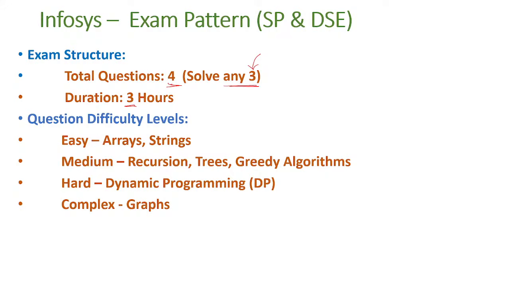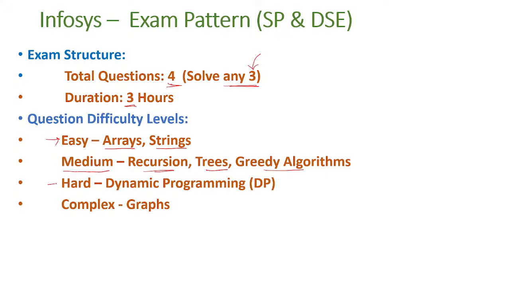Now, the difficulty levels you will get for each of these 4 questions. The first question may be of easy level, generally on arrays and strings. The second question may be of medium difficulty, generally on topics like recursion, trees, and greedy algorithms.